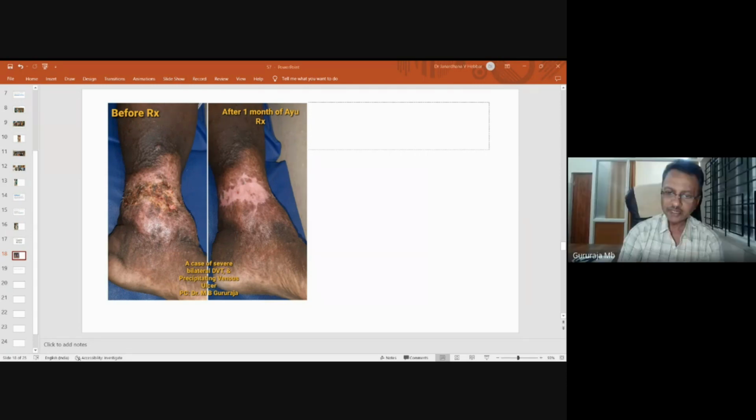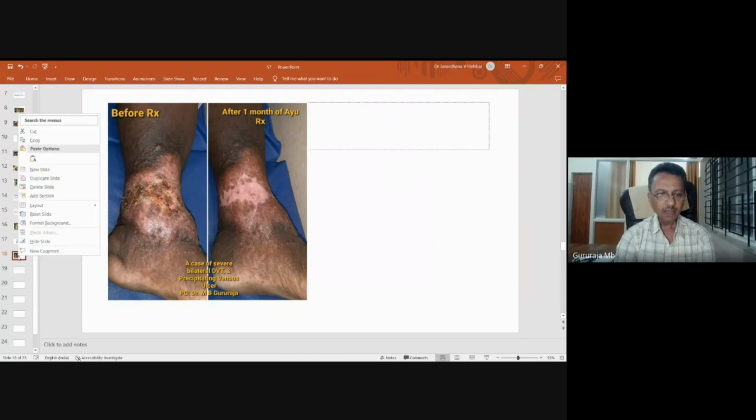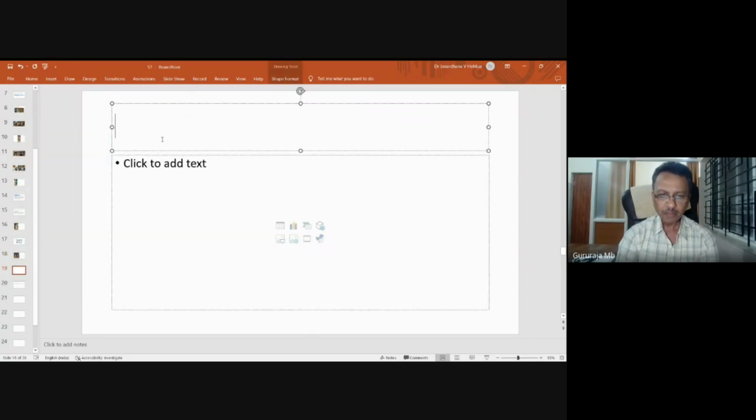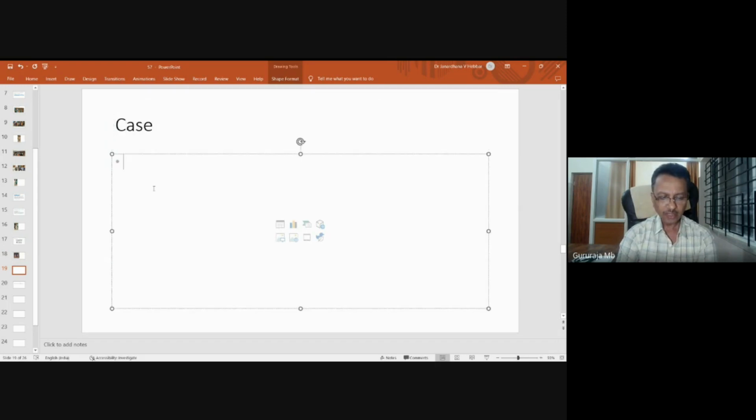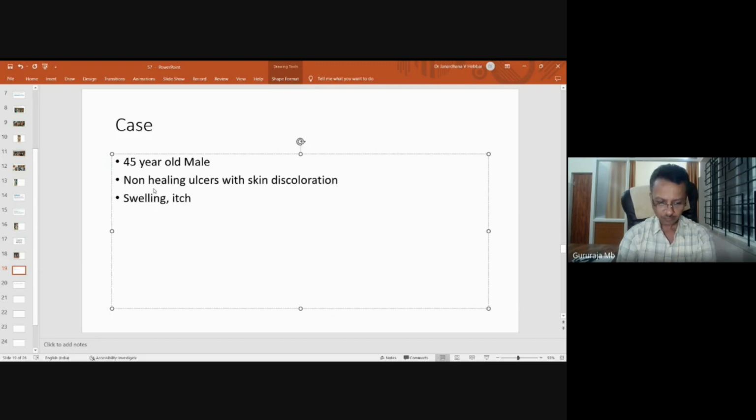He is a 45 year old male, and he approached me with a non-healing ulcer and discoloration in both medial malleoli, along with swelling, burning sensation, itching, and recently some ulceration and oozing started.